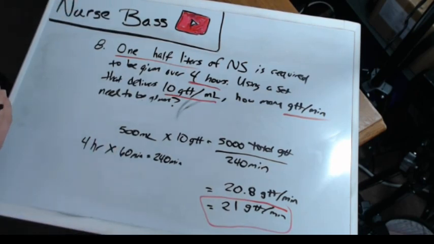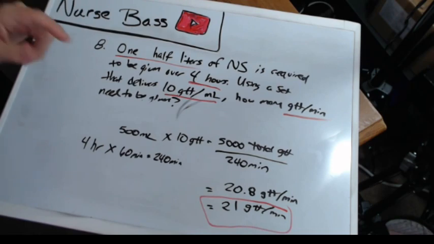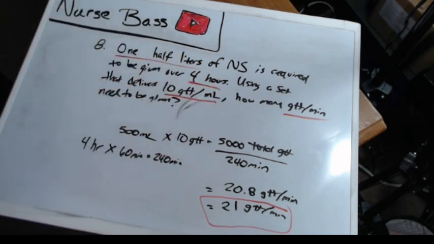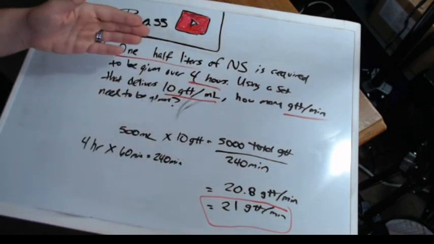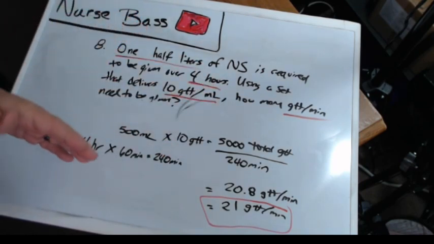Half a liter of normal saline has to be converted into milliliters. So we have 500 milliliters of normal saline given over 4 hours at 10 drops per mil. So 10 drops per 1 mil. You times it by the 500 milliliters to give you 5,000 total drops. It's got to be given over 4 hours, but our answer needs to be in minutes.